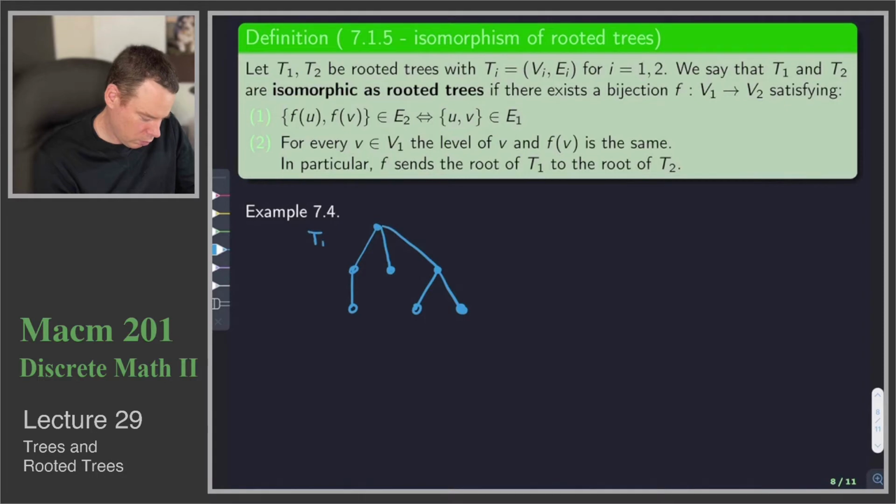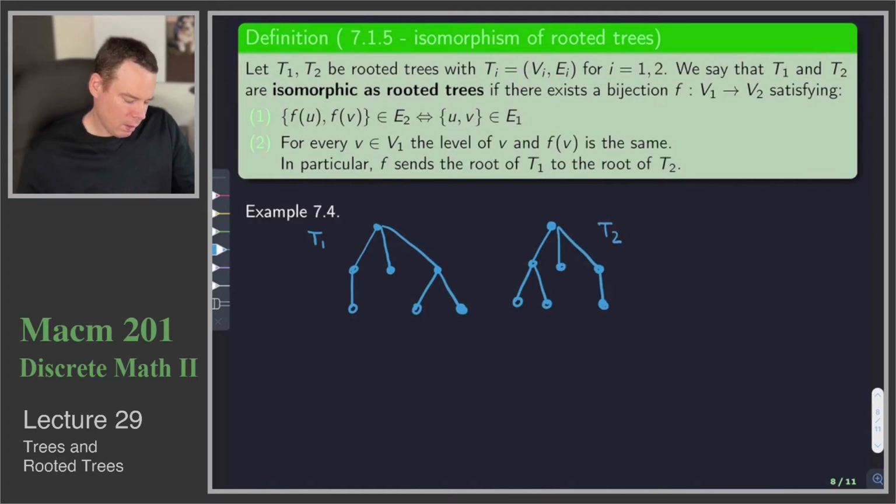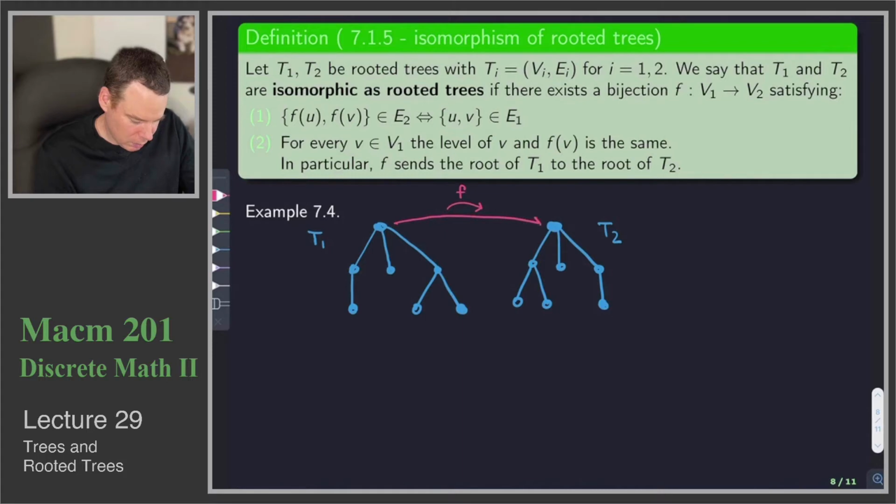So for example, we could look at a tree that looks like this. So here's our rooted tree, T1, and then we'll look at another rooted tree. And that's our rooted tree T2. Are they isomorphic? As graphs, they are certainly isomorphic, but also as rooted trees. So why is that? Well, we can get this isomorphism F from one to the other, such that all the edges are preserved, but also the levels of the vertices are as well. This vertex, which is the root, gets mapped to that root.